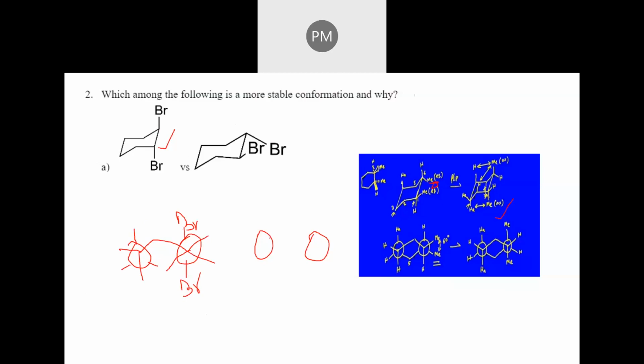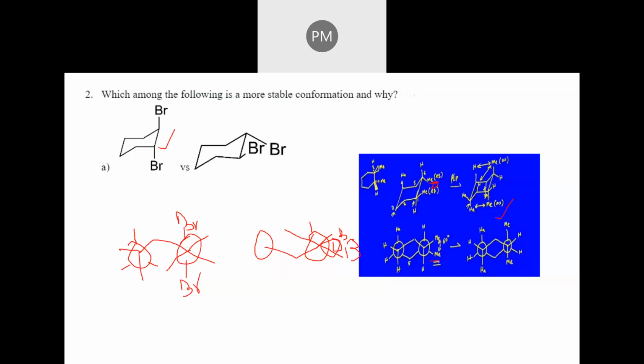And for this case, what will happen? Here this Br is coming like this, similar to this. In that case this conformation will be less stable, because the bulky bromide group is only 60 degrees apart.